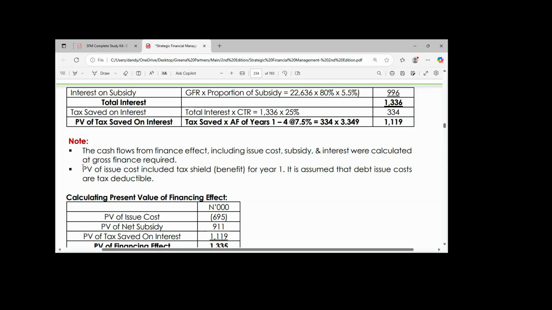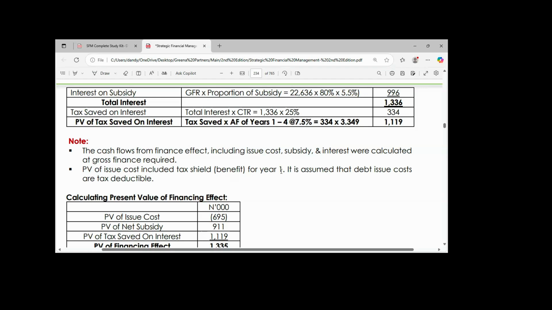Not only that, the PV of issue cost included tax shield, that is tax benefit for year one only. So our assumption is that there's a tax benefit on issue cost amount in year one. Okay. So if your assumption is that there's no tax benefit in year one, you also state it there. So it's just an assumption.